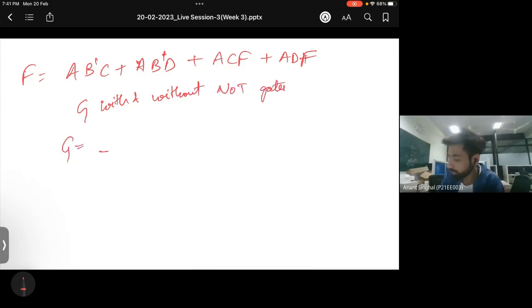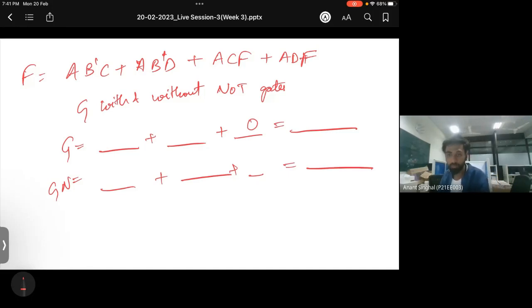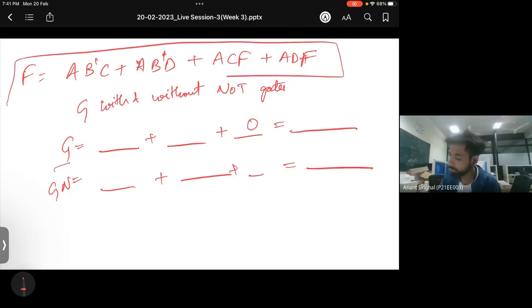Gate cost will be literal cost plus number of terms plus 0 because there is no NOT gate, and for NOT gates it will be, can you tell this number? You need to calculate the gate cost with and without NOT gates, and this is the expression given.